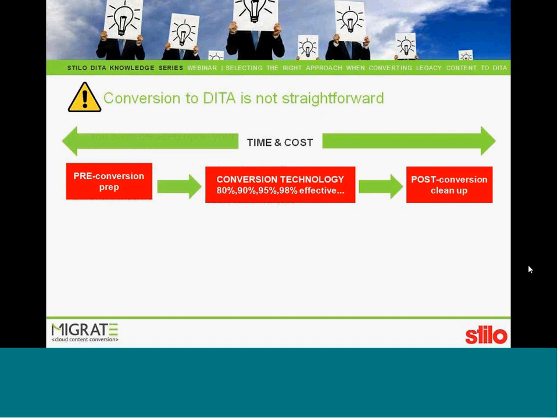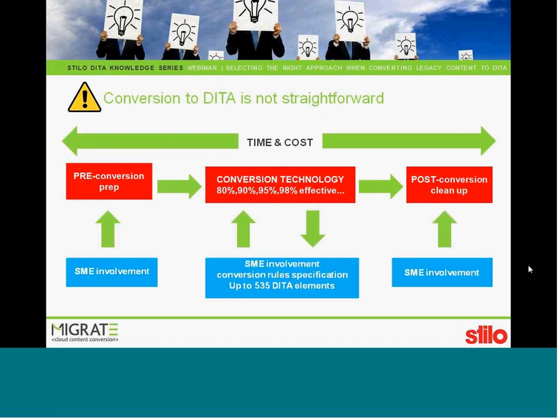Depending upon the conversion technology used, this can really make the difference between having a successful or an unsuccessful conversion project on your hands. Let's say conversion technology is 80% effective. If you've got something that's 95% effective, then you've got a 4-fold decrease in your manual cleanup effort. So it's really important to adopt and implement good levels of automation.